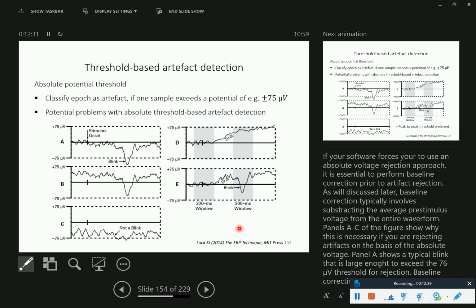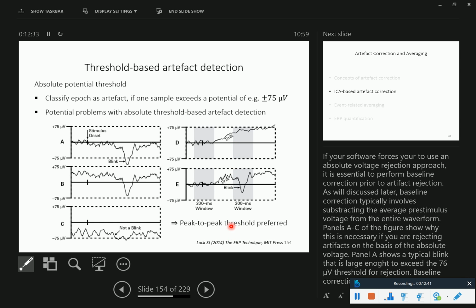So in general, one can then say that peak-to-peak thresholds are preferred. This means that instead of looking at the absolute threshold, you compute, over a given time window, the difference between two peaks, and then if there's a change, so you're essentially looking for a change that exceeds the threshold.